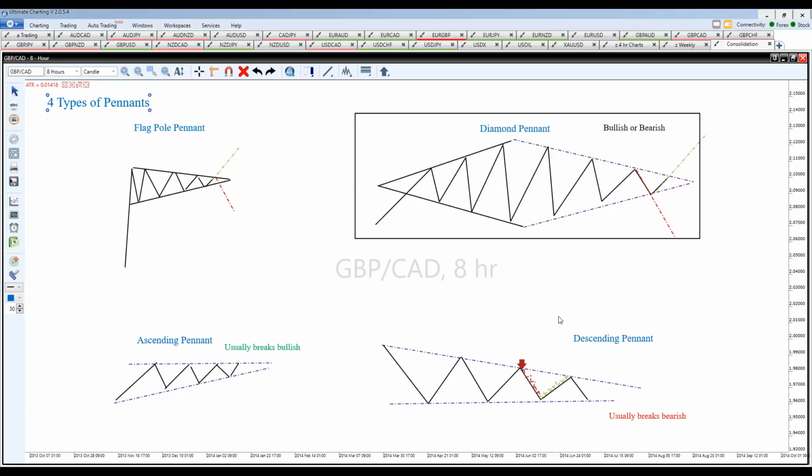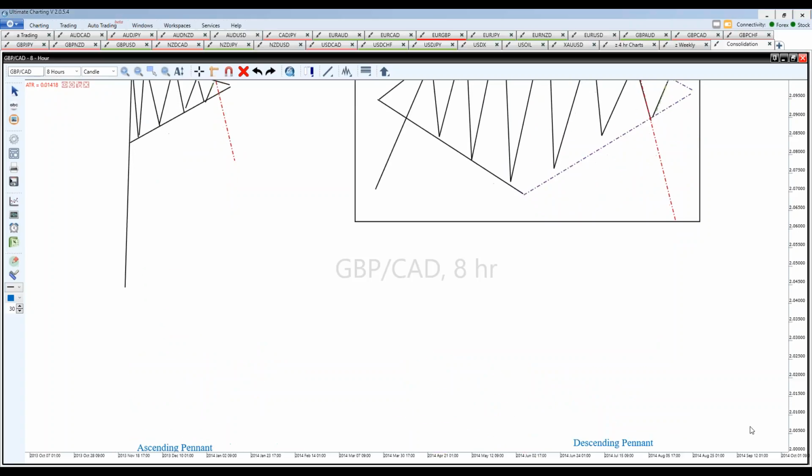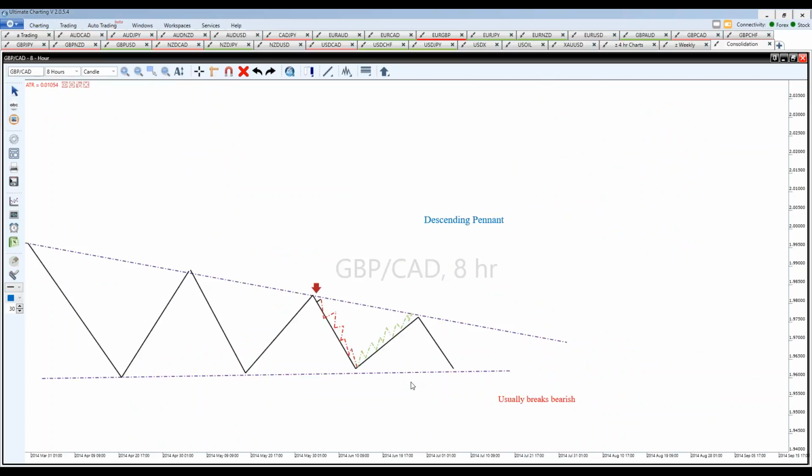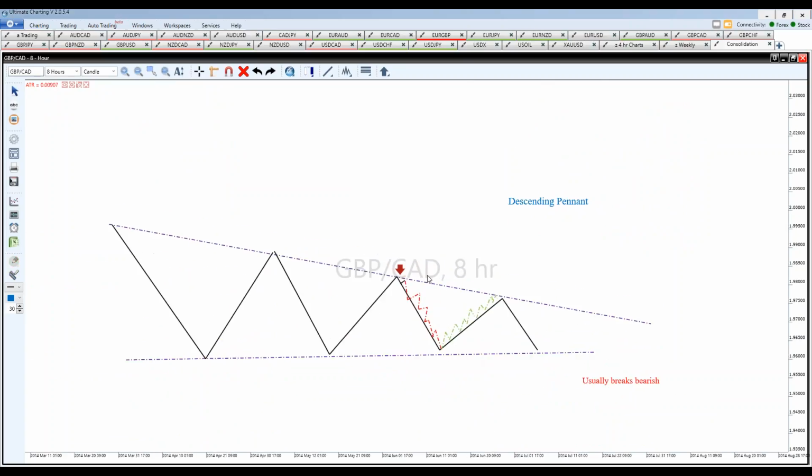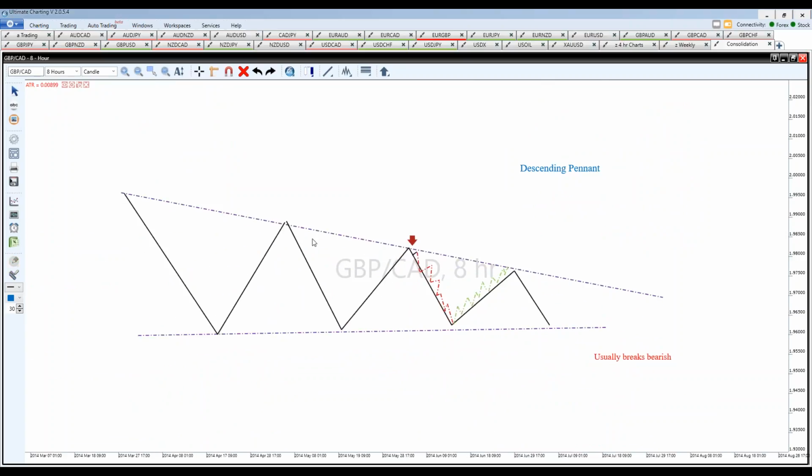Now, what to do? If you identify a pennant on a larger time frame, let's say we are on the 8-hour, or on the daily, or anything 4-hour and above, then on that larger time frame you connect those highs of resistance, connect the lows of support, select, right-click, link to the lower time frame.